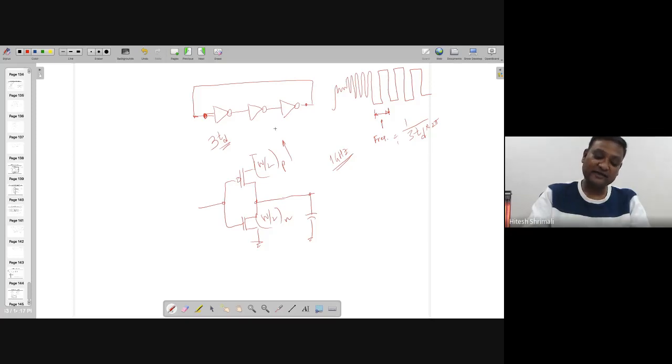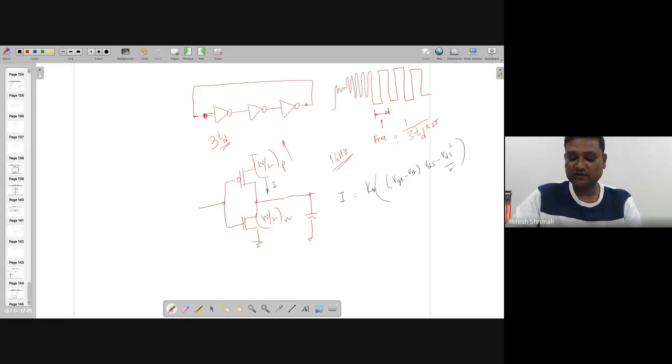However, as you are increasing this, what is going to happen to the current? We know that the current is nothing but mu n Cox by, or we can write, Kn or Kp, anything will be here.